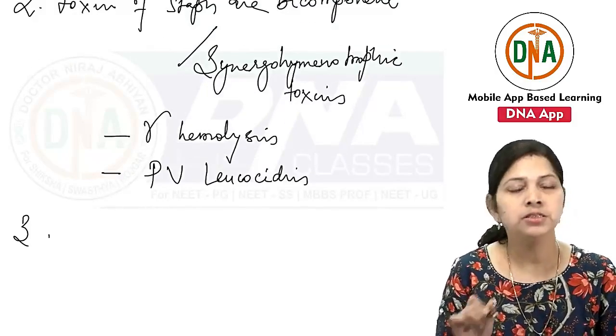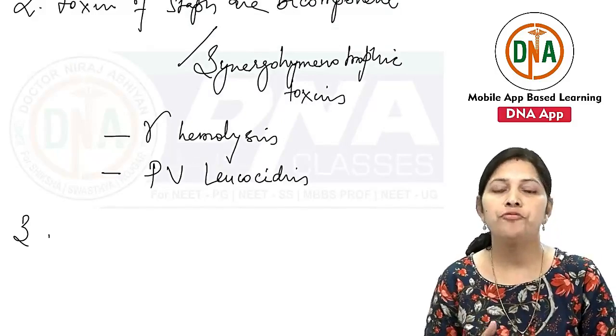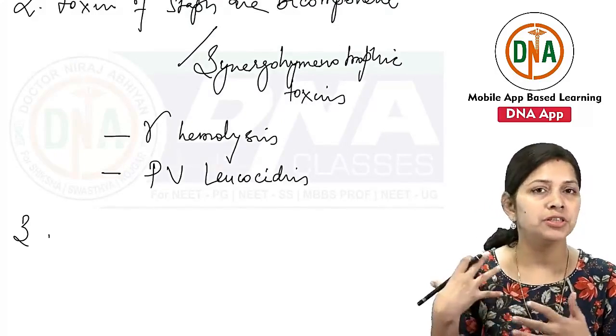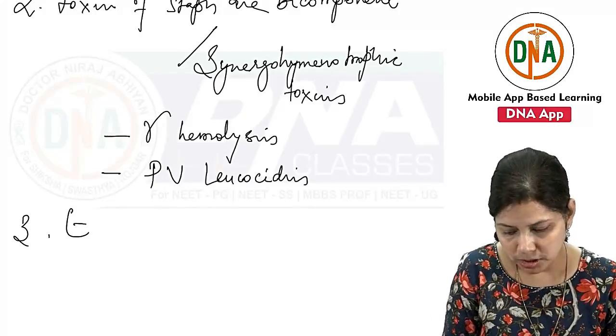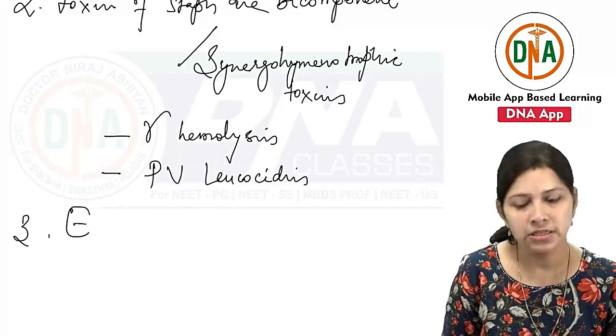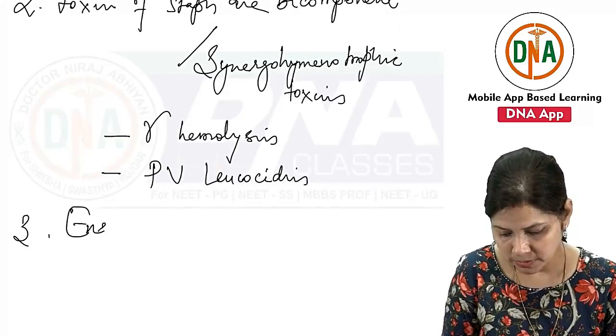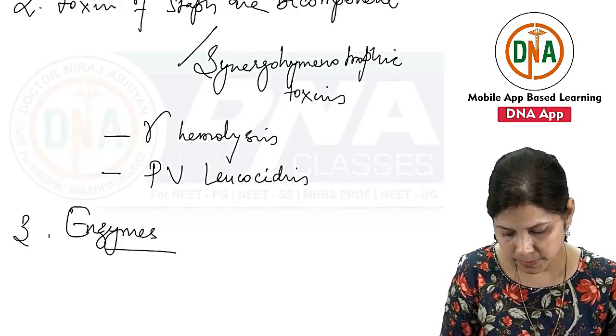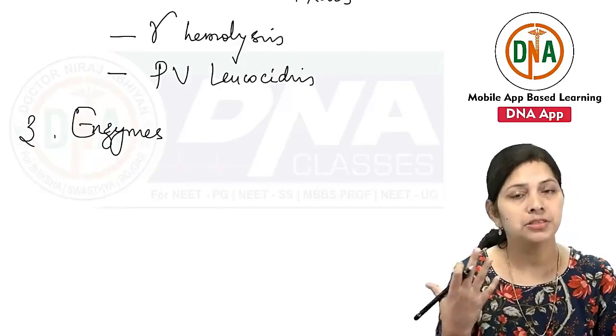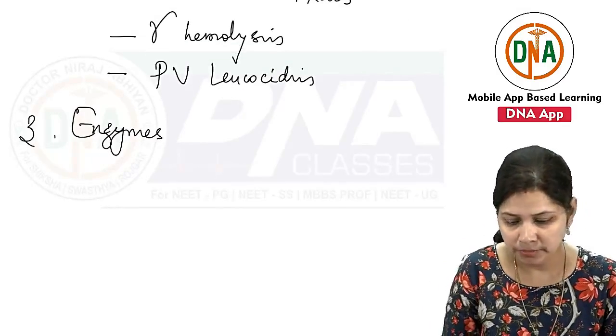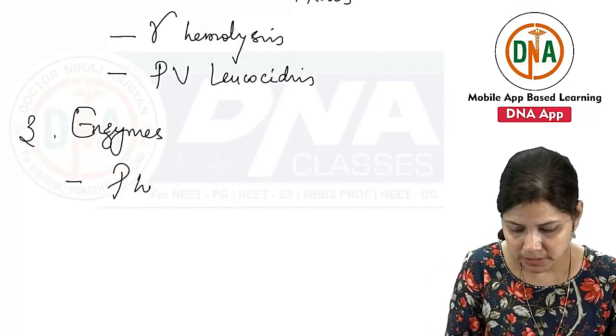And the third is the liberation of various types of enzymes. So the third important category of virulence factor is the various enzymes which the Staphylococcus secretes, like the phosphatases.